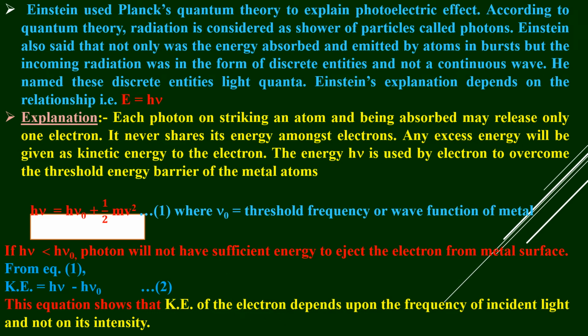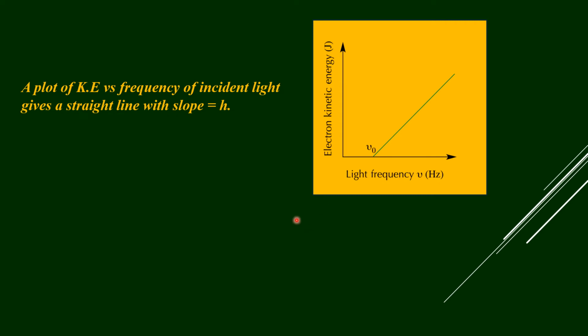Next, here I am showing a plot. This is a plot of kinetic energy versus frequency of incident light, and it is observed that it is a straight line, but it is not starting from zero. This is the straight line where nu naught is called the threshold frequency of the metal.